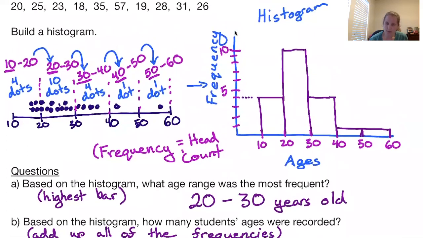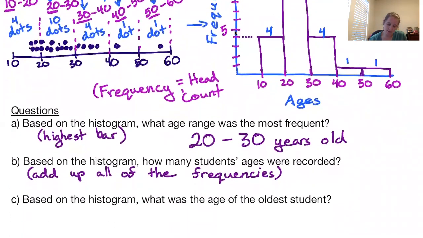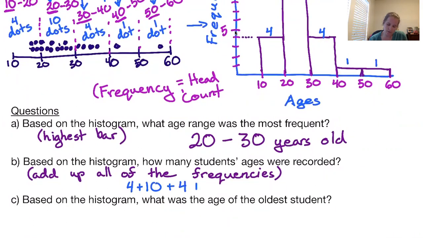From 10 to 20, that bar has height 4. 20 to 30, the bar has height 10. 30 to 40, the bar has height 4. 40 to 50 is height 1. 50 to 60 is also height 1. So if we do 4 plus 10 plus 4 plus 1 plus 1, we get that we had 20 individuals to start with. Again, remember each bar basically has all those dots within it. So we have 4 dots, 4 individuals.